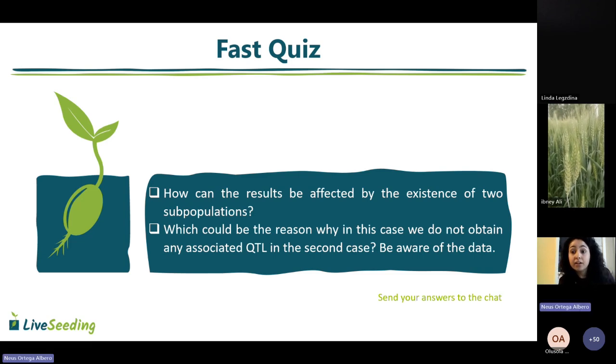But if we have two subpopulations within the bigger population of study, we could have more representation of one allele than another, or even the appearance of one allele or one combination of genes that can cause a false gene-trait association, or we may not obtain some association of a gene with the trait just because we don't have the combination of genes and alleles we need. Okay.